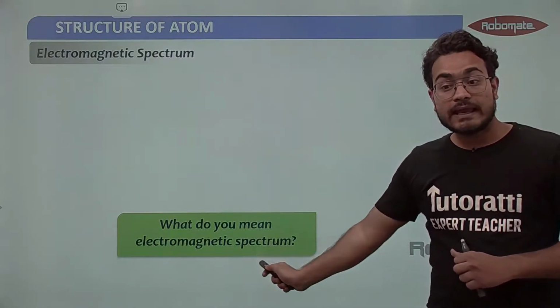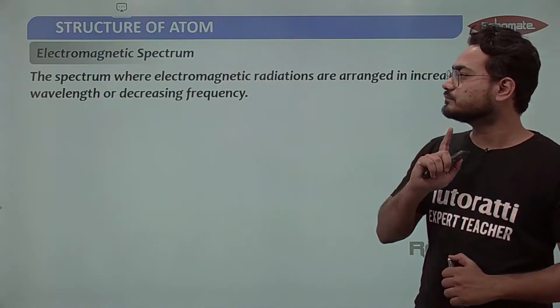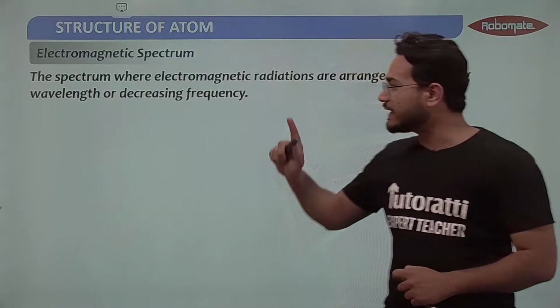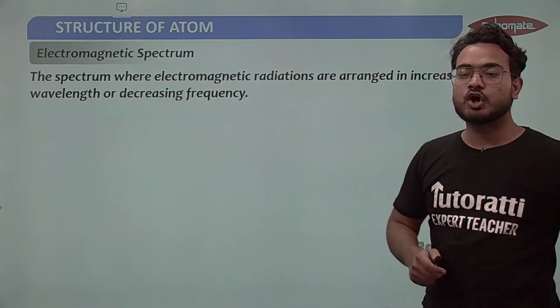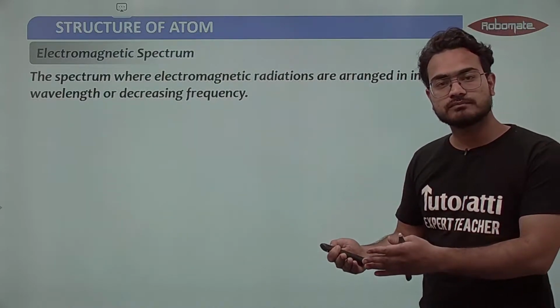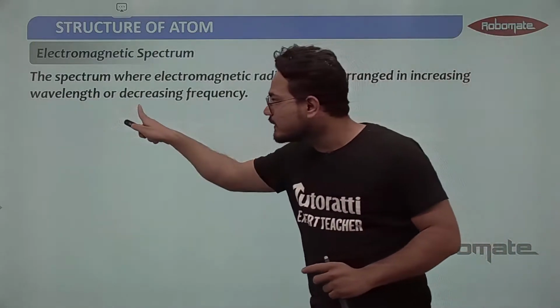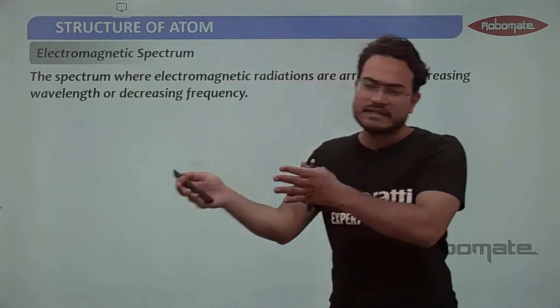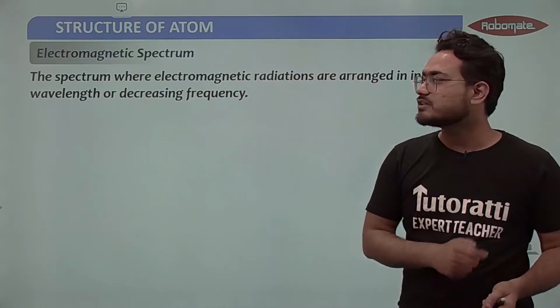What do you mean by electromagnetic spectrum? If I arrange the electromagnetic radiations by wavelength or frequency, by decreasing wavelength or decreasing frequency, then I am going to get a spectrum.